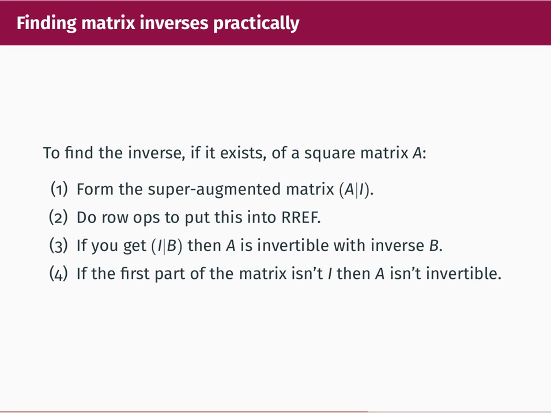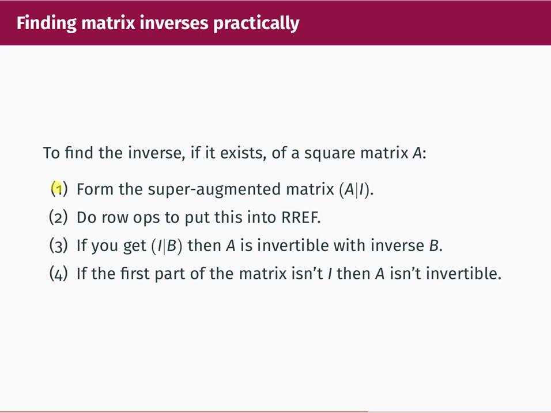So here is the method we can use, following the ideas that I wrote on the very first slide. To find the inverse, if it exists, of a square matrix A, in other words, to determine whether a matrix A is invertible, and if so, to find its inverse, you can do the following. First of all, form what I'm going to call a super augmented matrix.